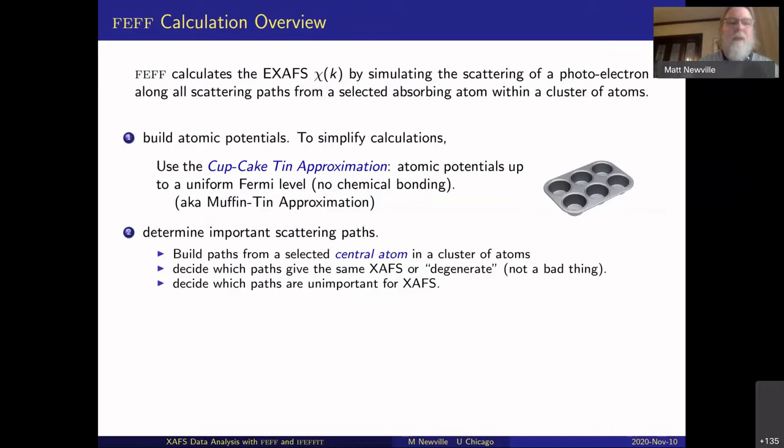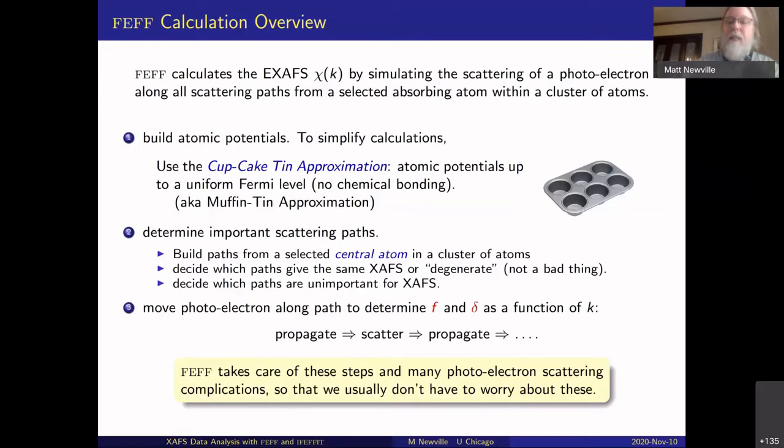But then we are going to build paths. So if this is our central atom, our absorbing atom, we have to build paths that go from here to here, from here to here, from here to here. And we have to recognize which ones of those are degenerate. This is in the physicist's terms; degenerate is not a bad thing. It means that they're equivalent, and then we'll calculate the XAFS contribution from each of those different paths.